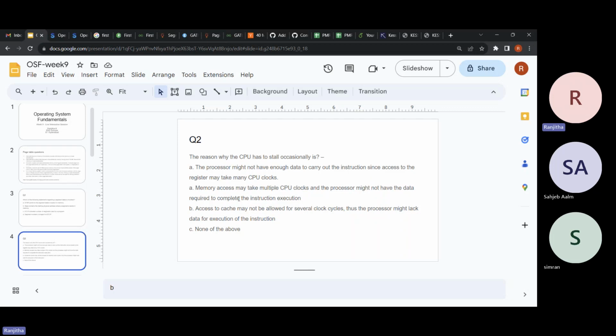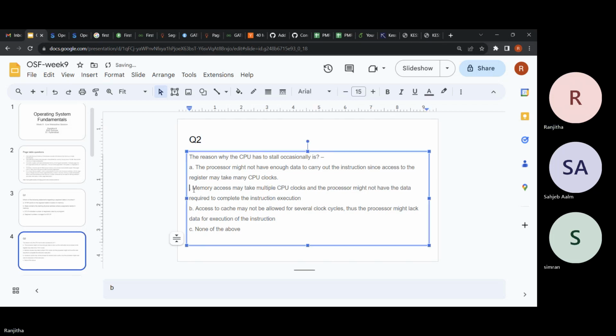Though the CPU will initiate a memory read, in the next clock cycle the information will not be available to be processed or acted upon. The read information is not available for the CPU to proceed with the next instruction processing. The CPU normally has to stall when there is memory access. So the answer here is B actually.